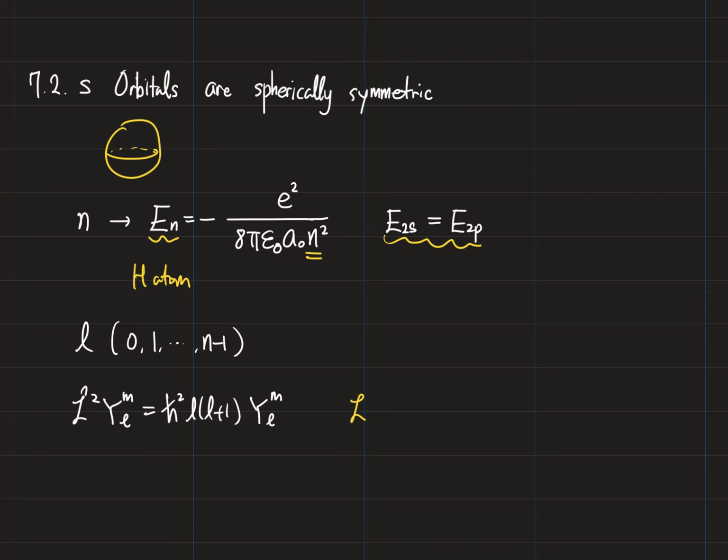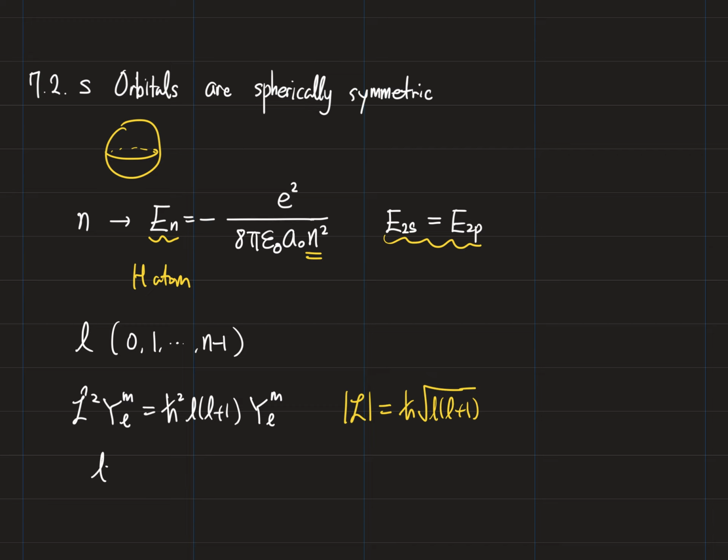So this means the magnitude of the total angular momentum should be given as h bar times the square root of l times l plus 1. So according to the number of l, we give a name for that orbital.